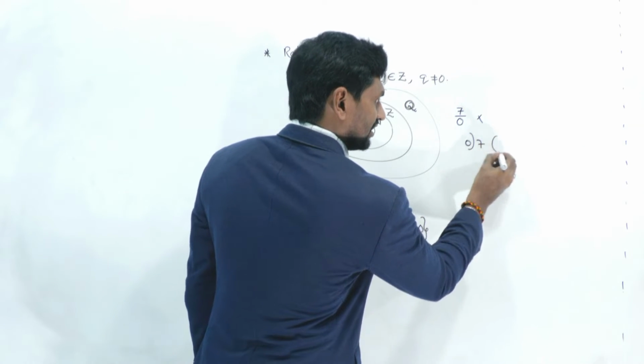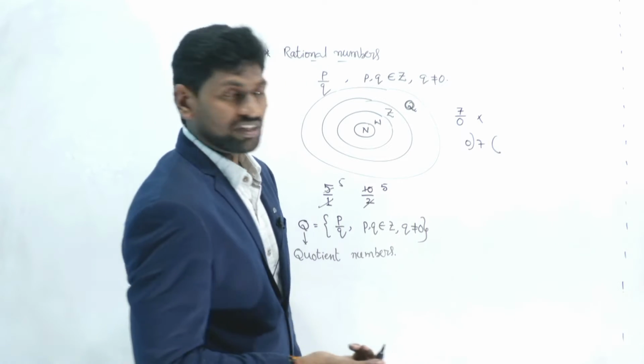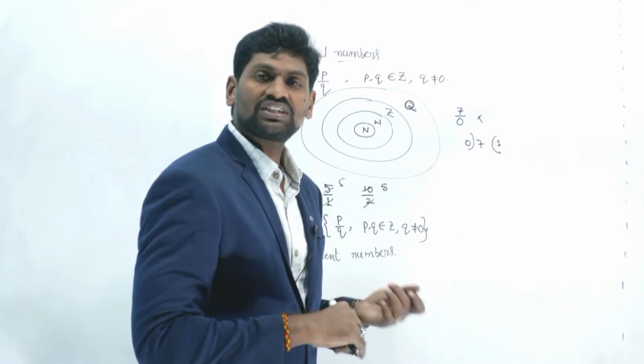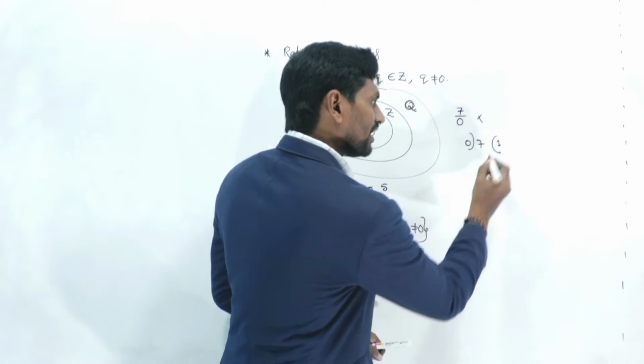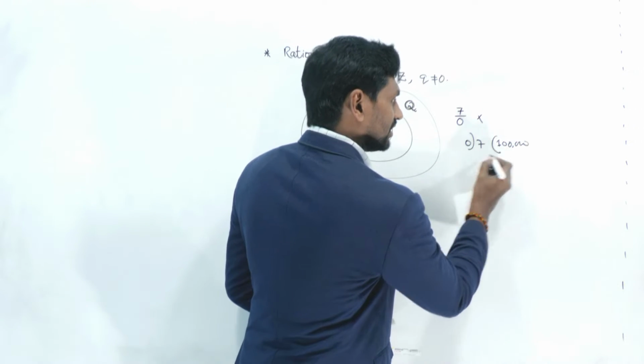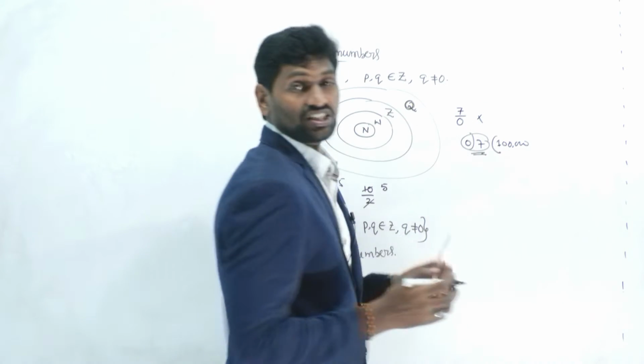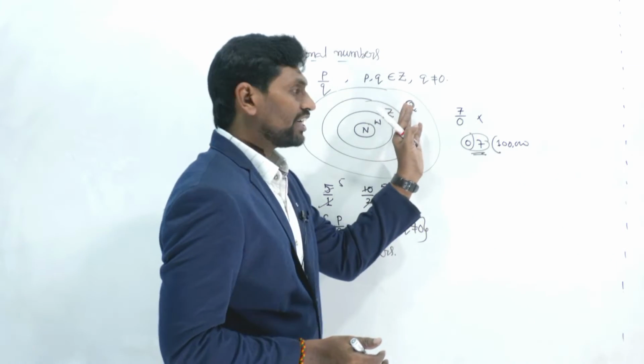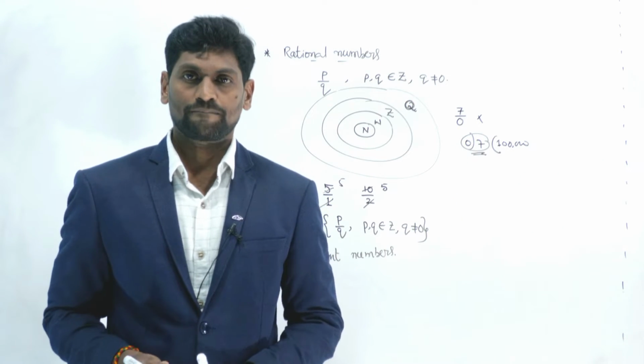See, 0 table, 7, how many times will come? 0 1s are 0, 0 2s are 0. 0 with any number is 0. 0 into 1 lakh is also 0 itself. That means 7 by 0 is not defined. That's why we have to write the condition that the denominator Q does not equal 0.